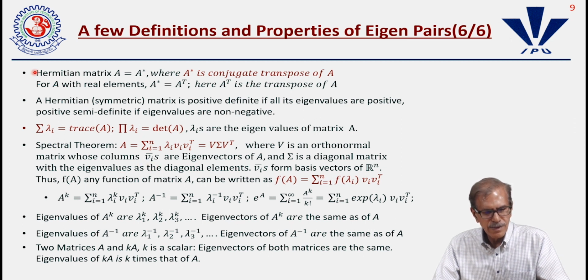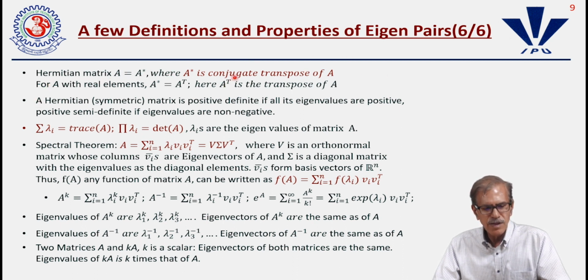And the first one is just a definition. So the definition of a Hermitian matrix. A Hermitian matrix is nothing but a symmetric matrix, but when the matrix elements are complex. So if the matrix elements are complex, then a Hermitian matrix is the conjugate transpose of the same. If we take the conjugate transpose and the original matrix, they are the same. That is a Hermitian matrix.